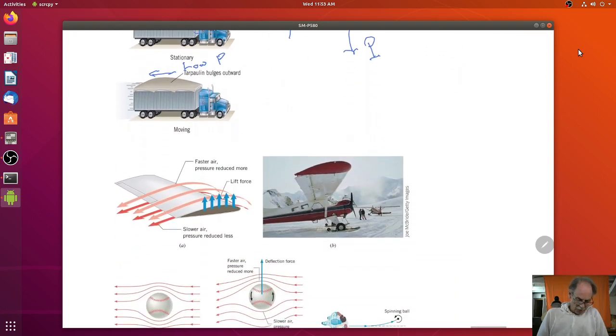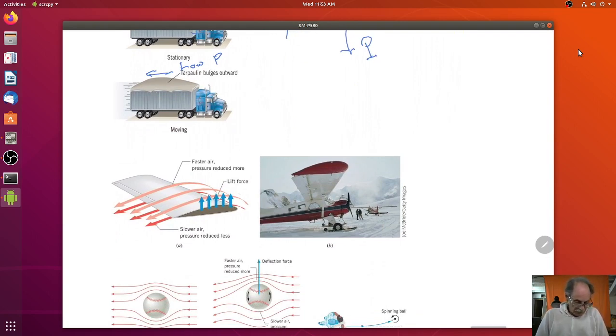An airplane wing is another example of Bernoulli's equation in action. An airplane wing is shaped like this. The velocity of the air above the wing, because this air has to travel a bigger distance in the same amount of time as the air flowing underneath, is greater than the velocity below. There are a lot of aerodynamic effects on a wing, by the way.